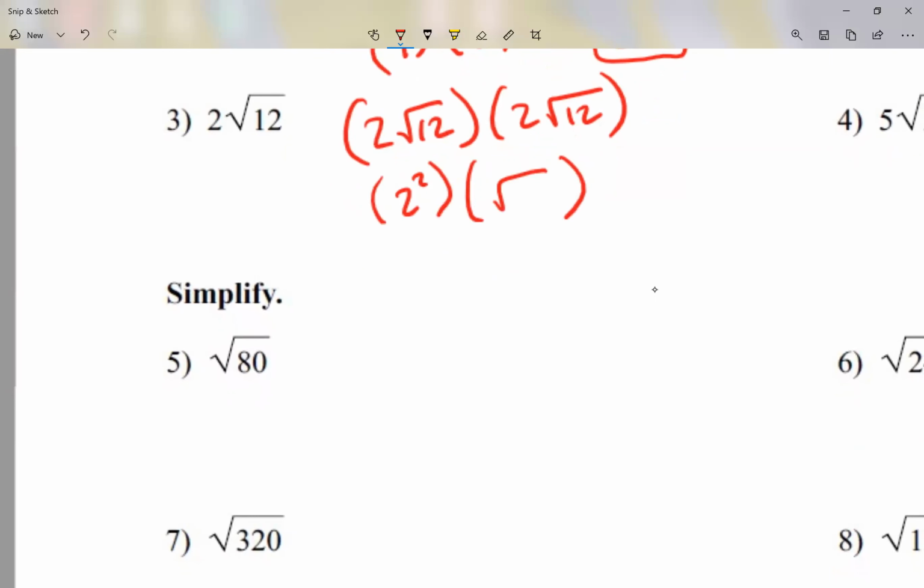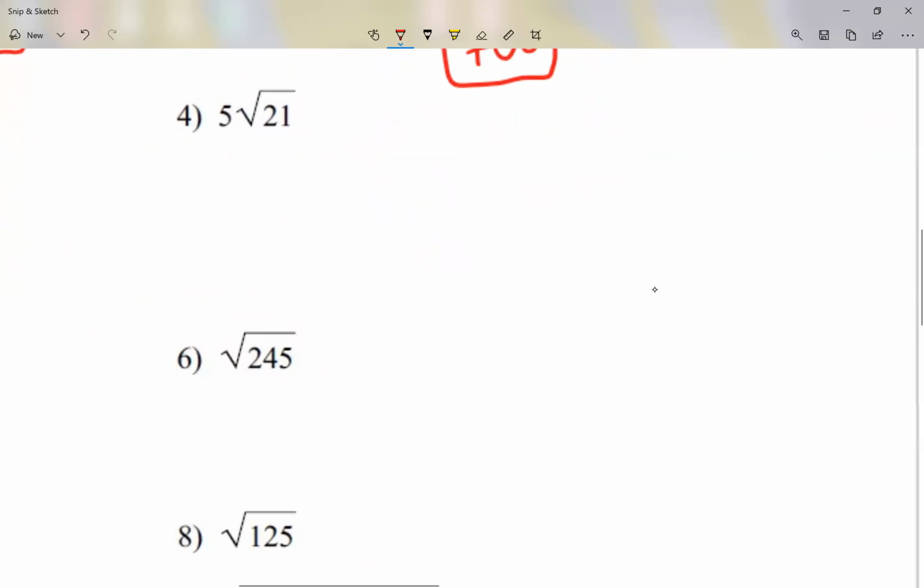So I have the square root of 12 squared. My first parentheses, 2 squared is 4. The square root of 12 squared is just 12. Then I have 4 times 12, which is 48. I think we get the idea, but still let me do number 4.